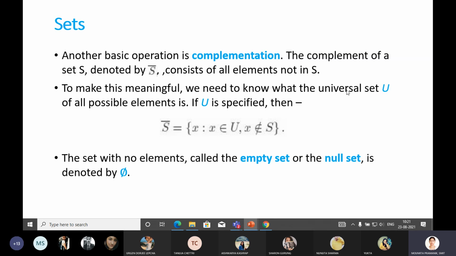If you see, this is the universal set U, with all the possible elements. The complement of S equals all the x, where x belongs to U, but the value is not part of the set S. Okay, are you getting that?